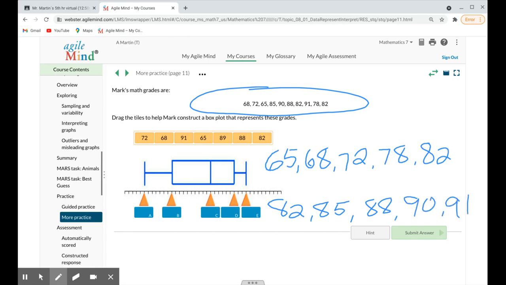Perfect. How many numbers do we have in all? 10. So our data is split at 82.